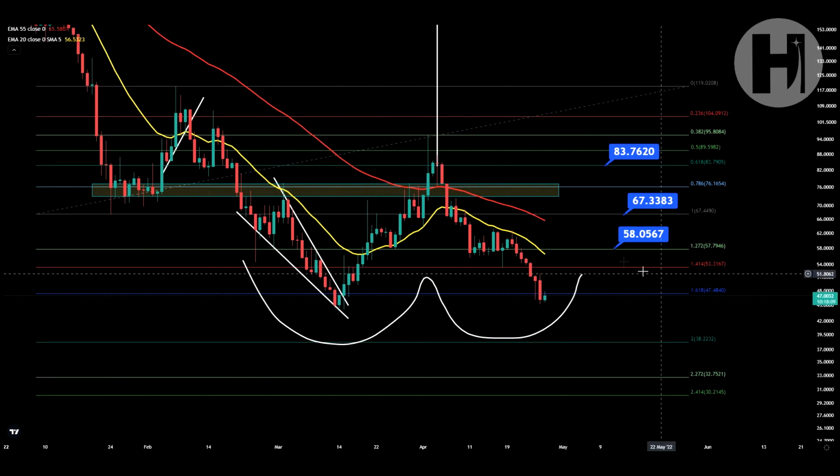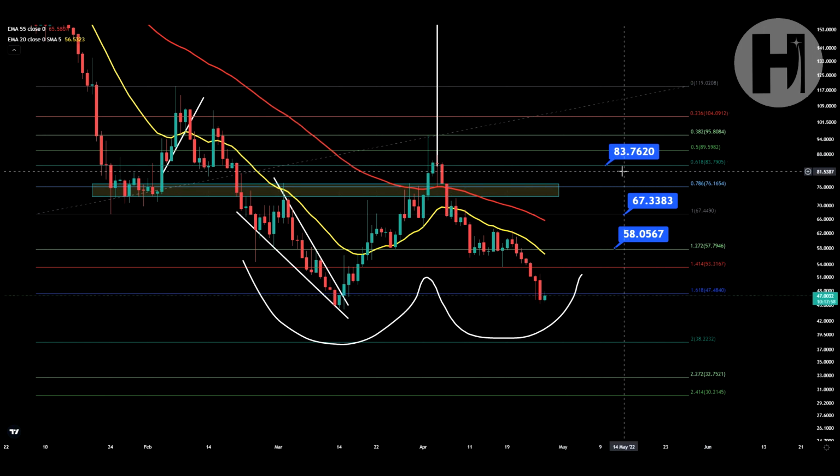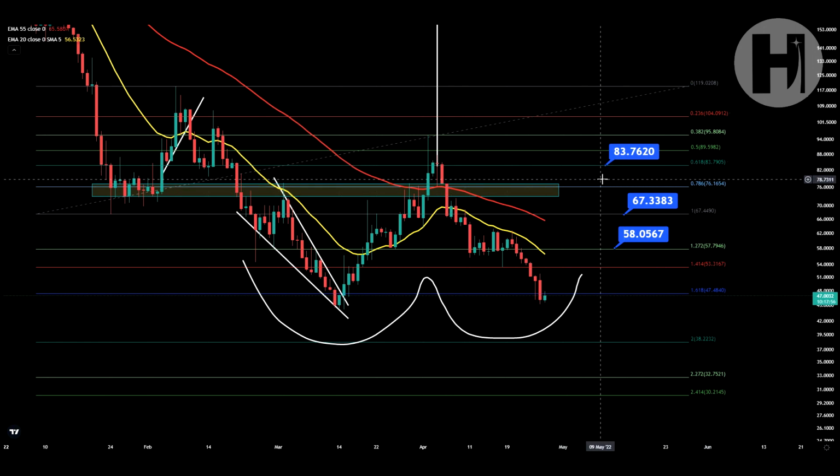And for that, we need to break through the golden ratio, obviously, and we were rejected from the golden ratio over here at the beginning of April, which just solidified the fact that the golden ratio is the most important Fibonacci level. It has the most resistance, and that is the most important level to break, right? So just keep that in mind.